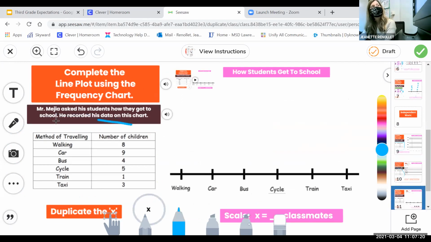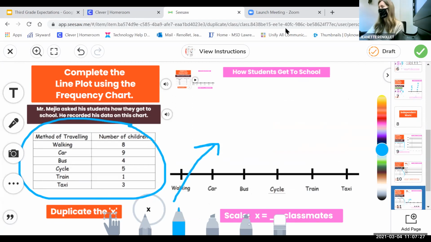On slide 11, you have the same frequency table, but this time showing a line plot. Just like we practiced this morning, you're going to practice this afternoon, choosing an appropriate scale and creating your graph to show the data from the frequency table.